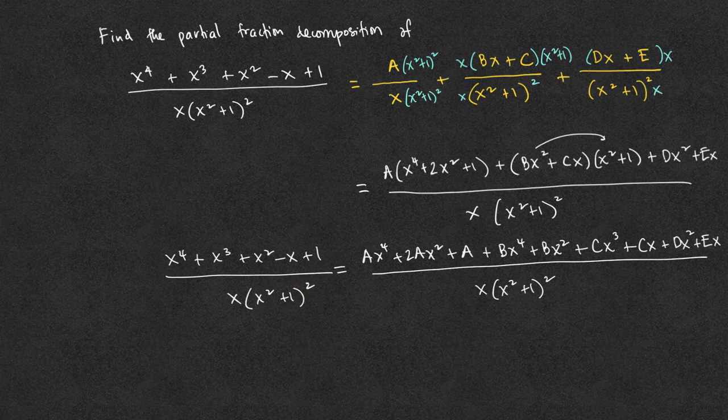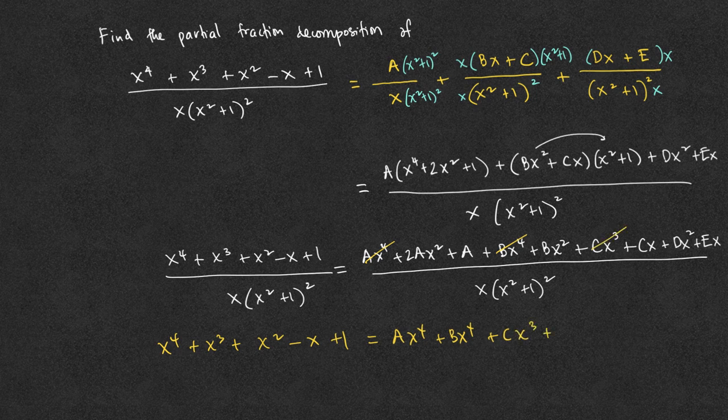Therefore, we must have the same numerators. x to the fourth plus x cubed plus x squared minus x plus 1 equals, we group the like terms, Ax to the fourth plus Bx to the fourth, and then plus Cx cubed.